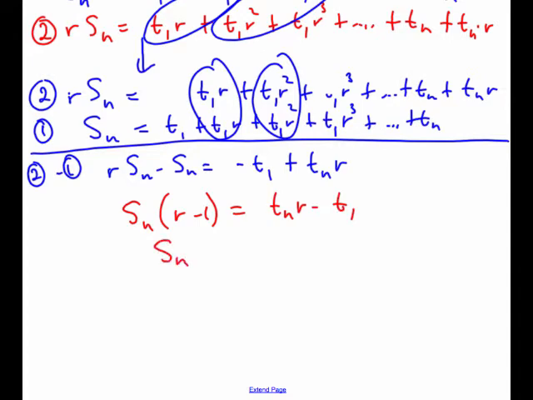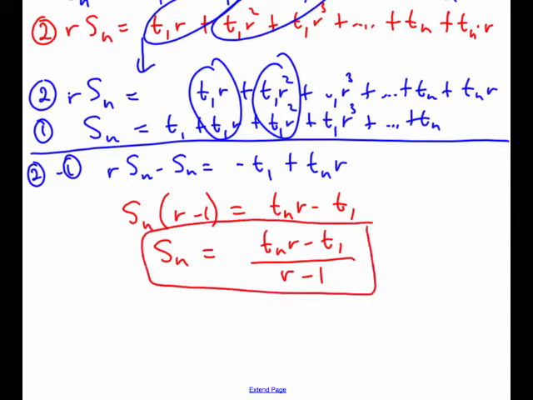Divide by r minus 1. And I come up with the formula I had in the numerical example. So it is true that this is the sum of the first n terms of a geometric series, as long as r isn't 1, because that would involve division by 0.